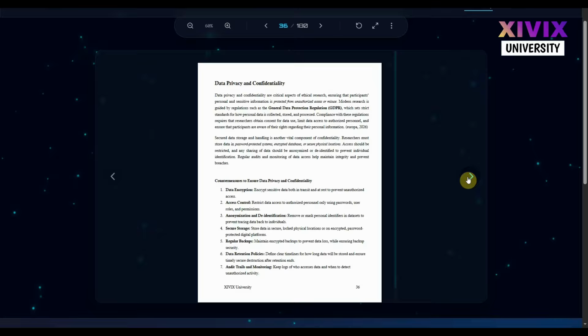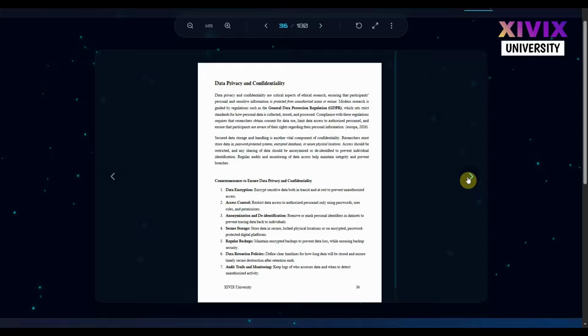And the same thing applies when it comes to a research context. Modern research is also guided by these regulations and standards set for how personal data is collected, stored, and processed. A researcher is required to demonstrate his efforts and dedication toward data collection, data storage, and processing.